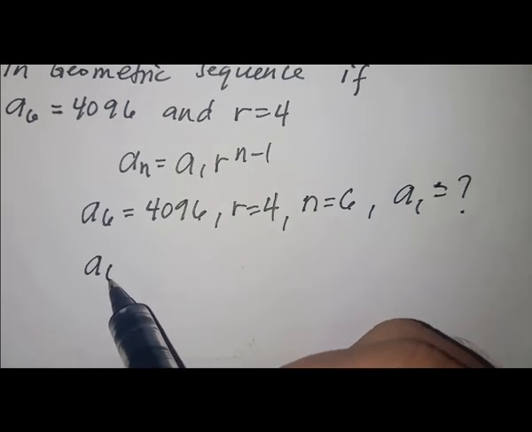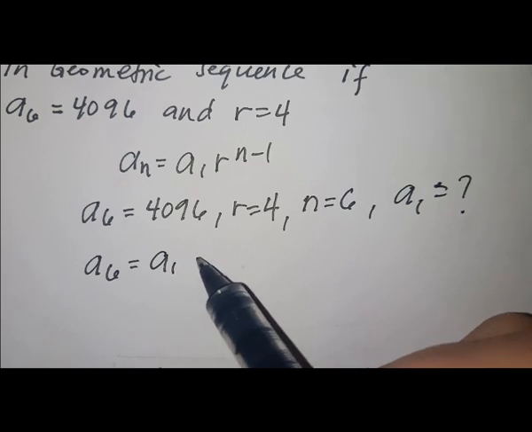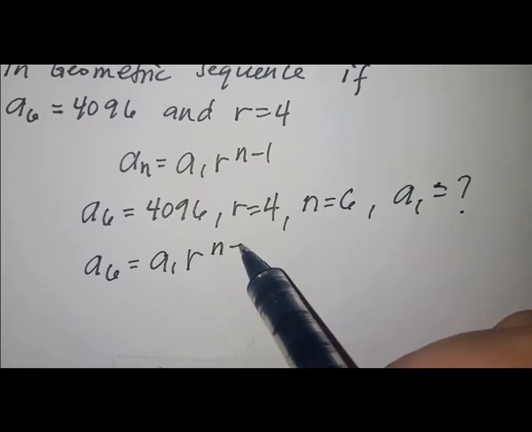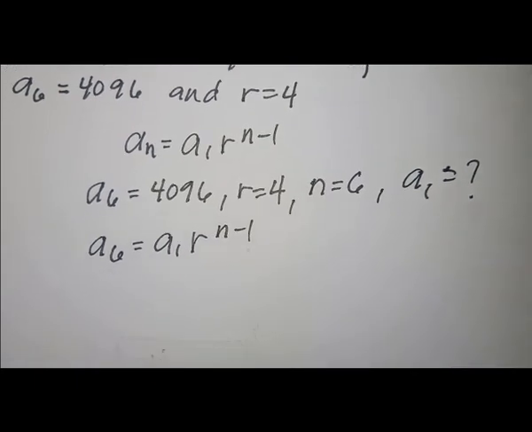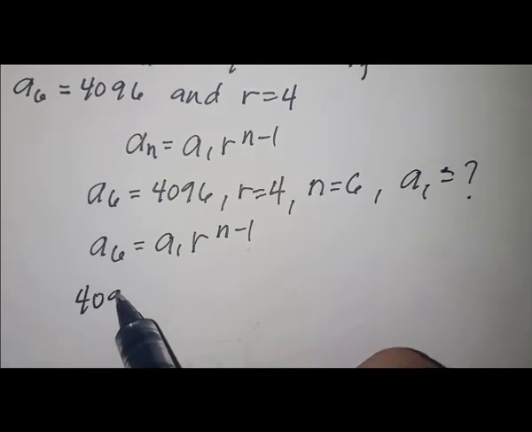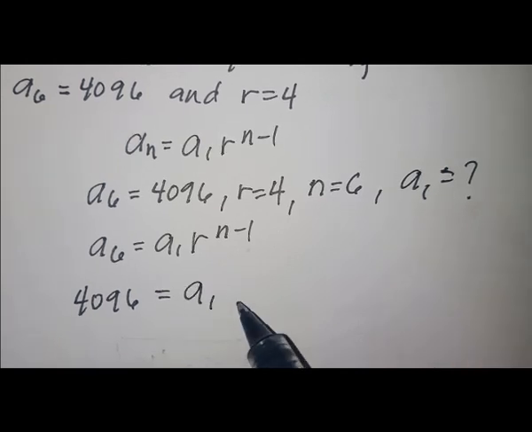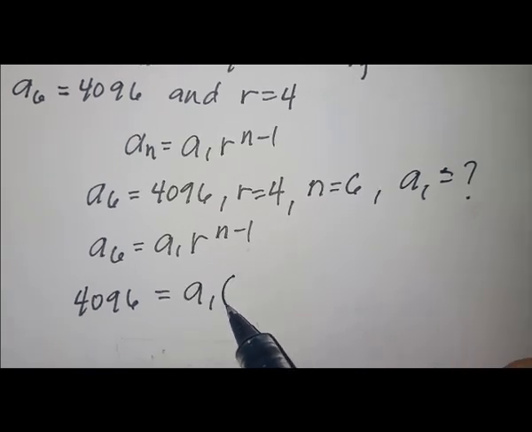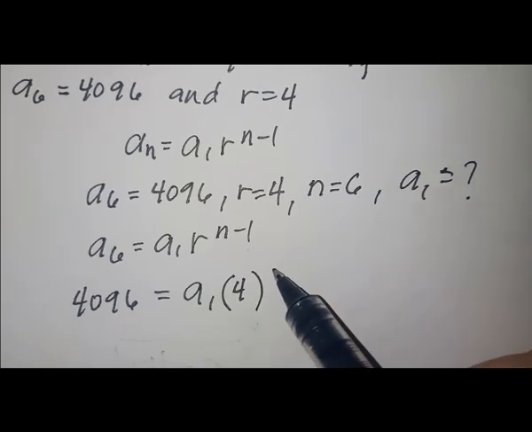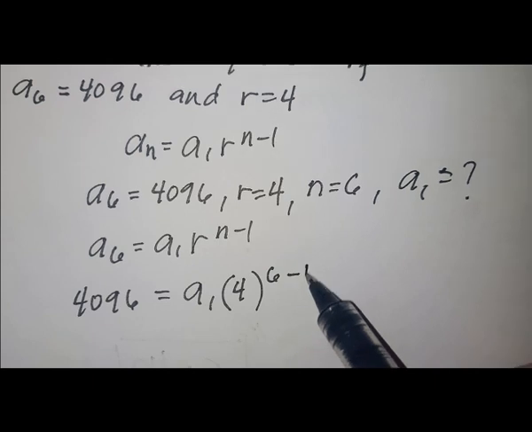Magiging a sub 6 is equal to a sub 1 times r raised to n minus 1. Now, ang value ng a sub 6 natin ay 4,096 equals a sub 1 natin ay unknown times ang r natin ay 4, n natin ay 6, then minus 1.